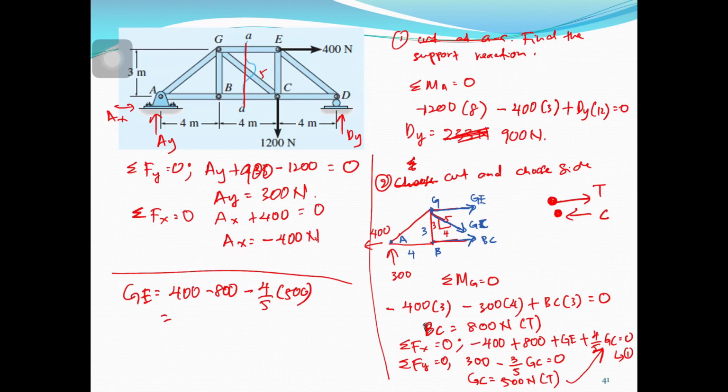You have minus 800. Minus 800 Newton. Minus means the direction is actually this way, so they push the joint. Is it tension? 800 Newton is compression. So you have all the answers.